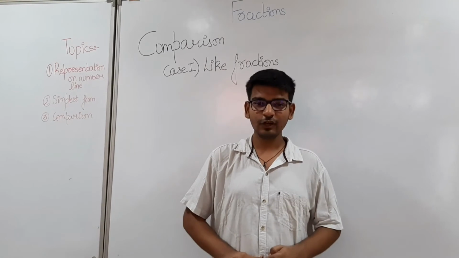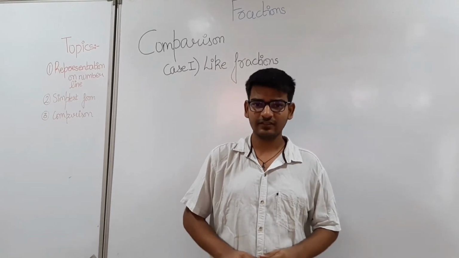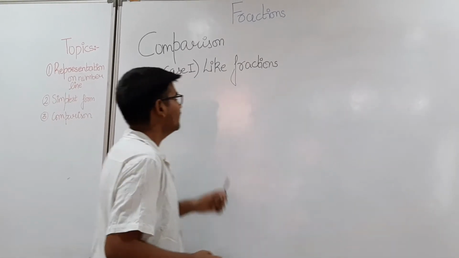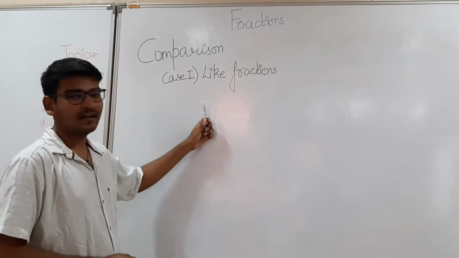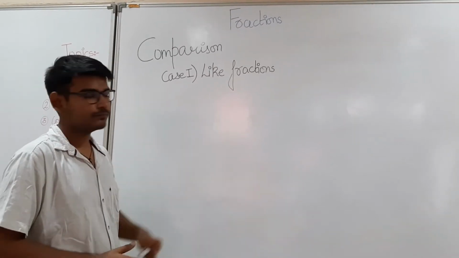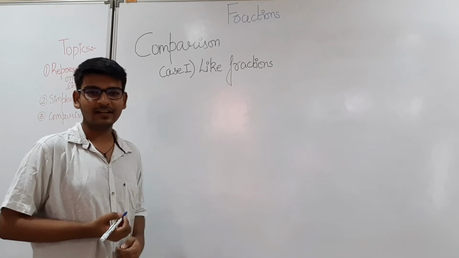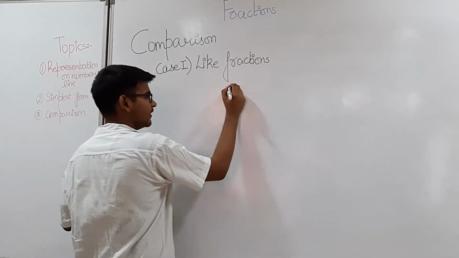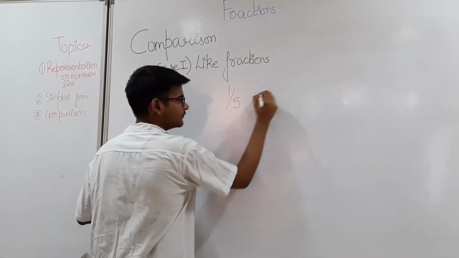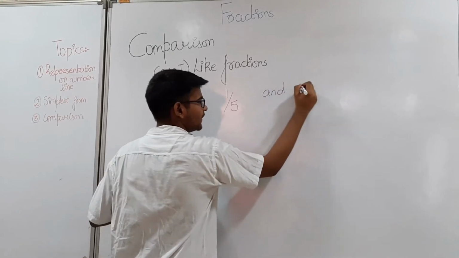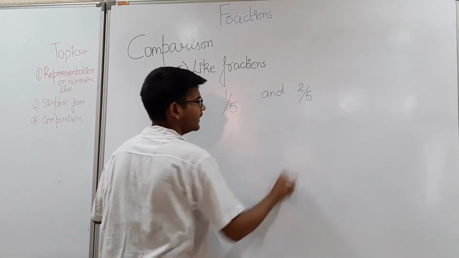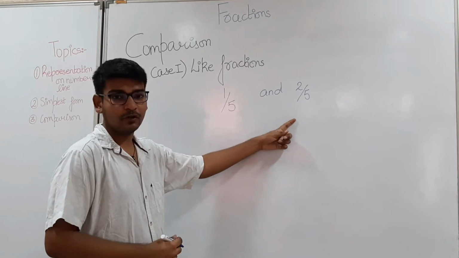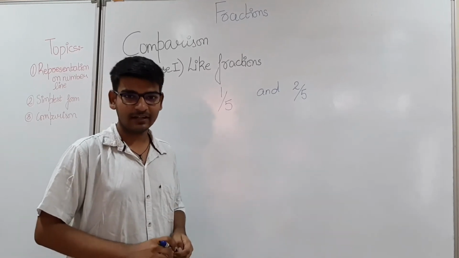So now our next topic will be comparison of fraction. Now we have case number 1, that is when the fractions are like, or when the denominators are same. Let us take one example, 1 by 5 and 2 by 5. Here the denominators are same, so these fractions are like fractions.